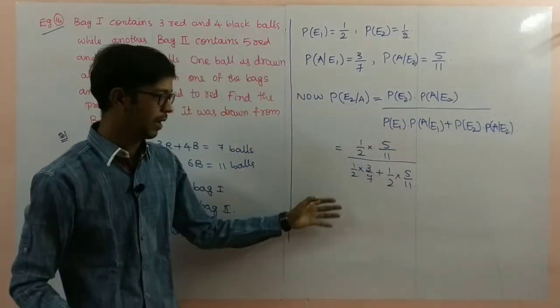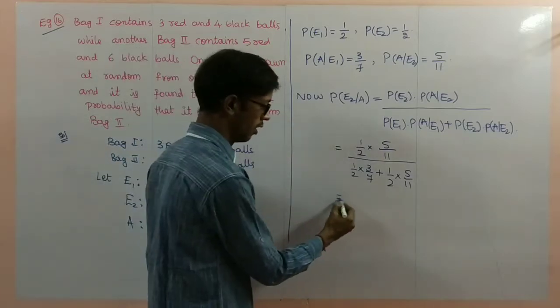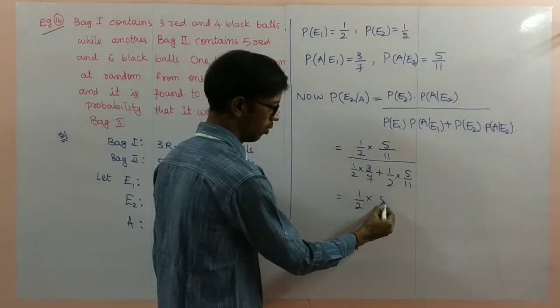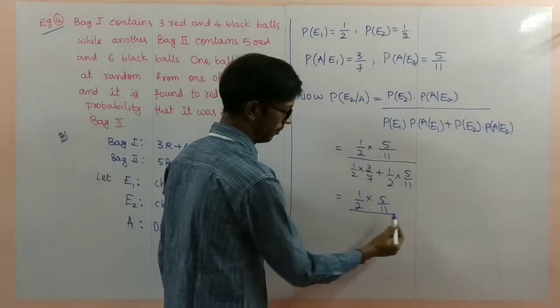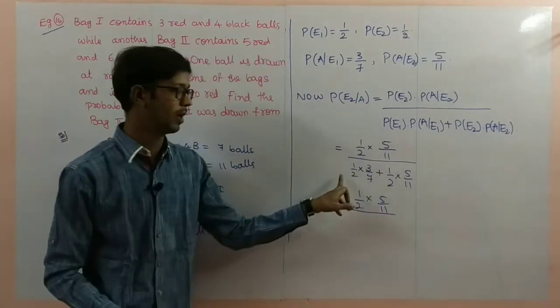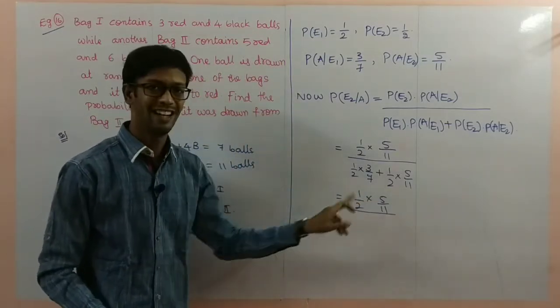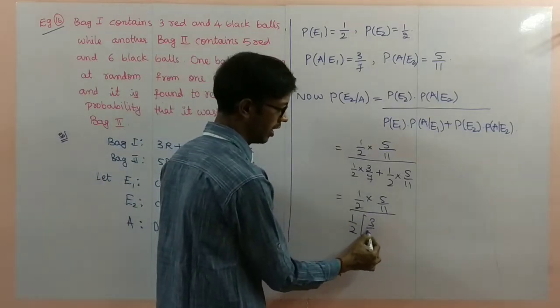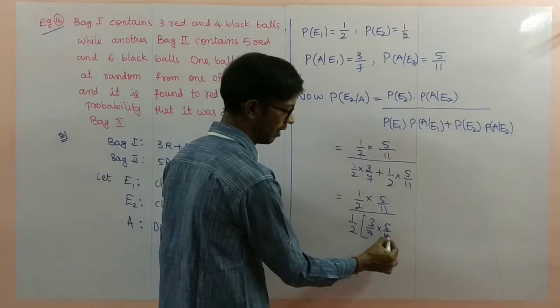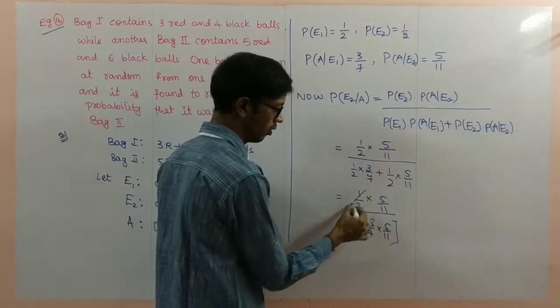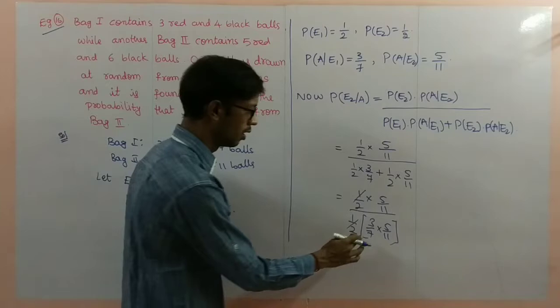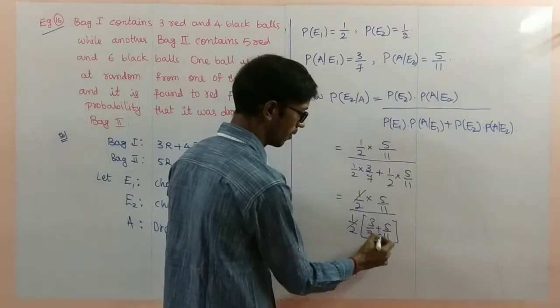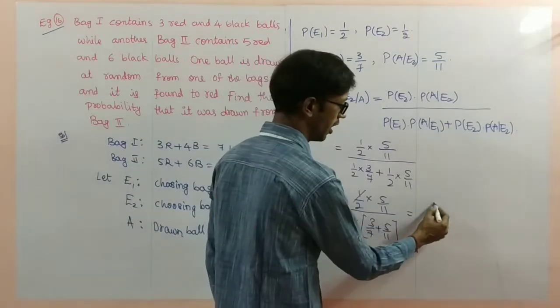Now you have to simplify. 1 by 2 is there in both places, so take the common 1 by 2. Then 1 by 2 gets cancelled.